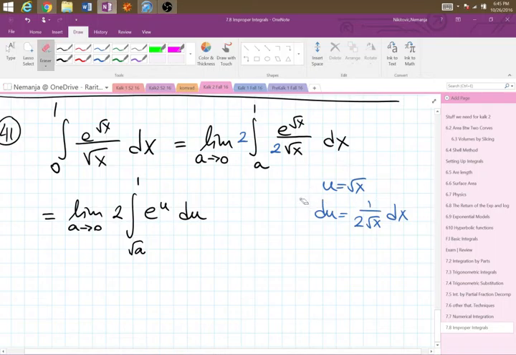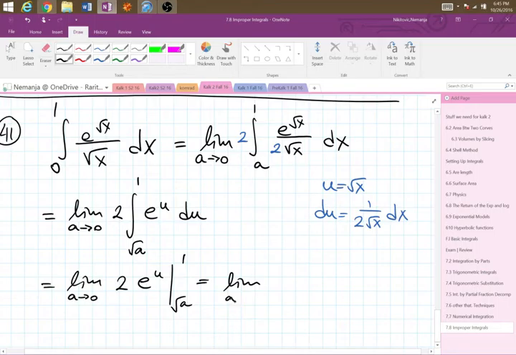Okay, gotcha. So the lower limit used to be a, you plug that in, and you get that u is equal to root a. So now we integrate, and we get e to the u from square root of a to 1, and one more limit.